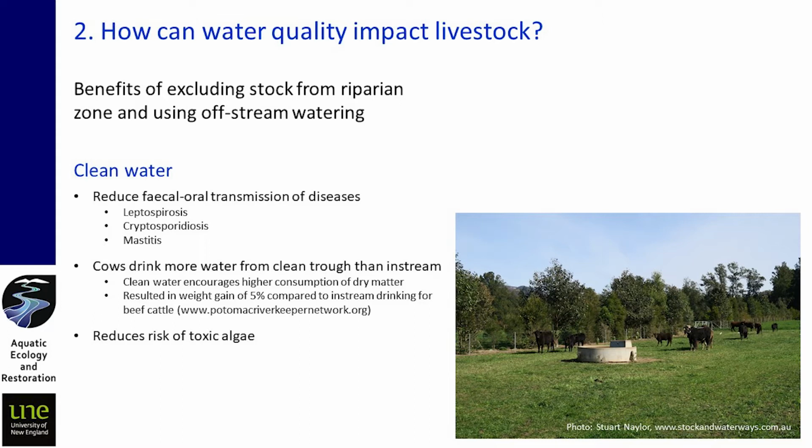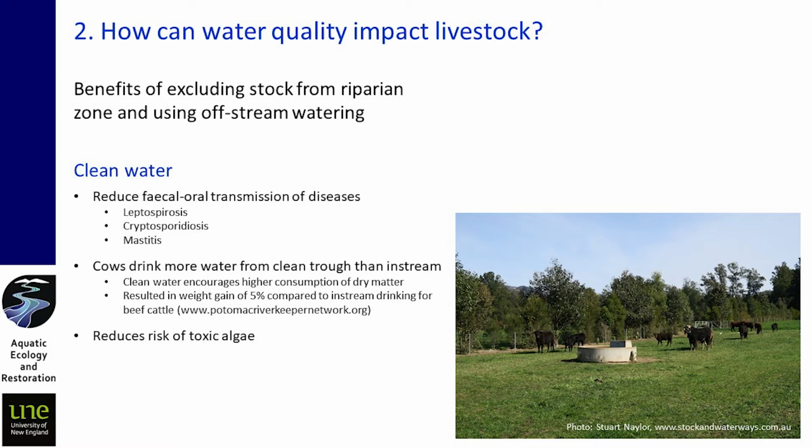And so studies have shown that bacteria such as leptospirosis, cryptosporidiosis, in some places Giardia, and also the incidence of mastitis in cows have been significantly reduced when stock were taken out of the streams and watered off-stream.